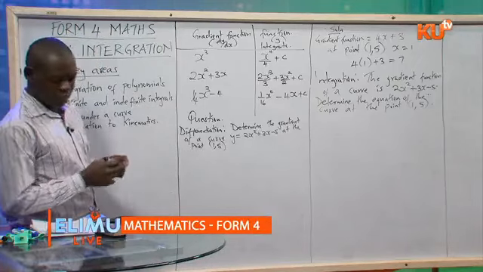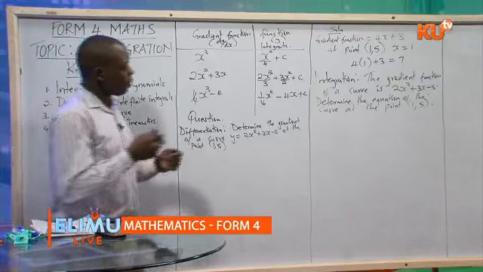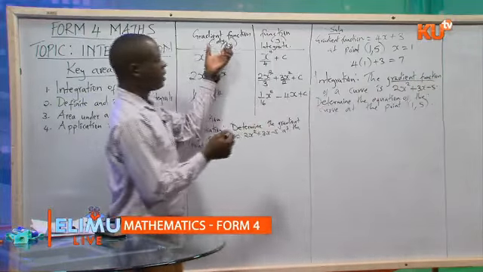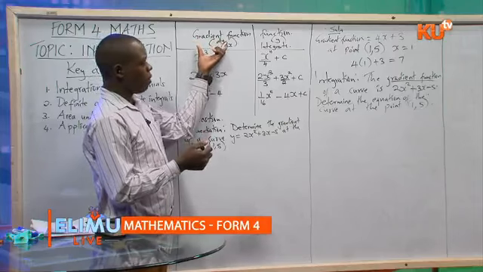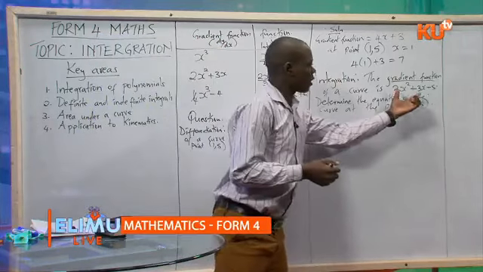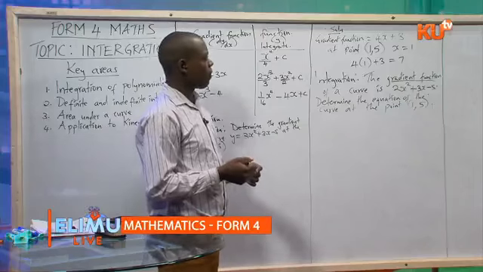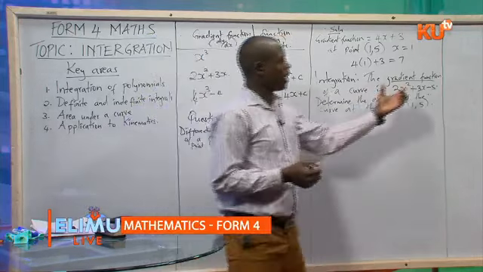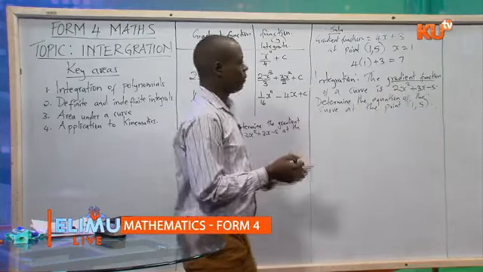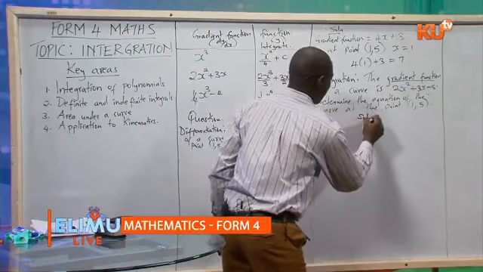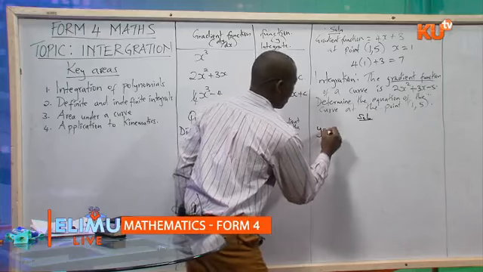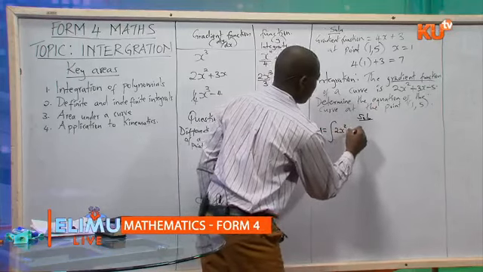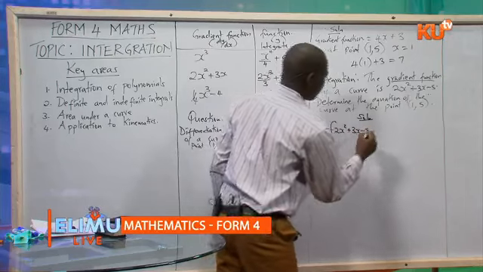So in this case now, again, we look at what we've been given, which is the gradient function. The gradient function is 2x squared plus 3x minus 5. So to obtain the function, as we've already shown here, we have to integrate this gradient function. So when we integrate, our y becomes the integral of 2x squared plus 3x minus 5.